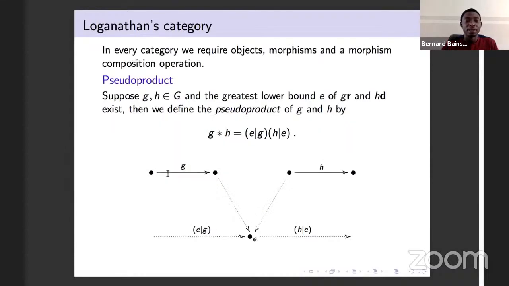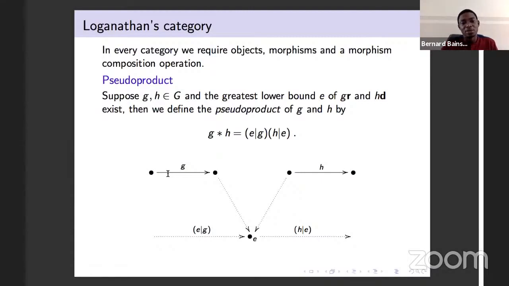So to describe the extensions, we said we would need the notion of cohomology of ordered groupoids. But our main motivation was to use the account by Loganathan and then the account by Grunberg. What Loganathan did was to use the cohomology of categories to describe the extensions of inverse semigroups.